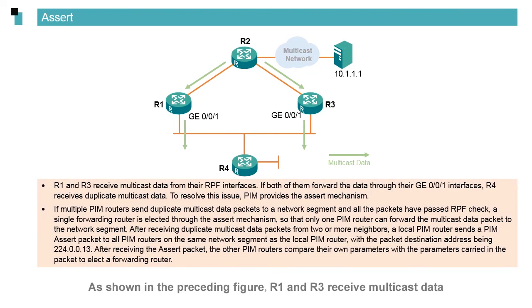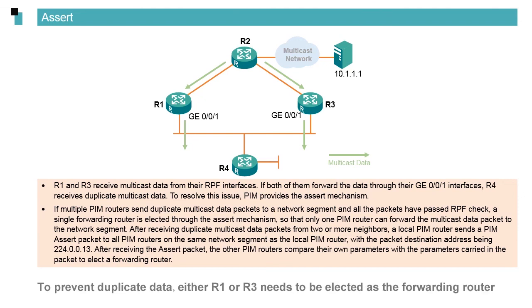As shown in the preceding figure, R1 and R3 receive multicast data from their RPF interfaces, and they both forward this data. As a result, R4 will receive duplicate multicast data packets. To prevent duplicate data, either R1 or R3 needs to be elected as the forwarding router.